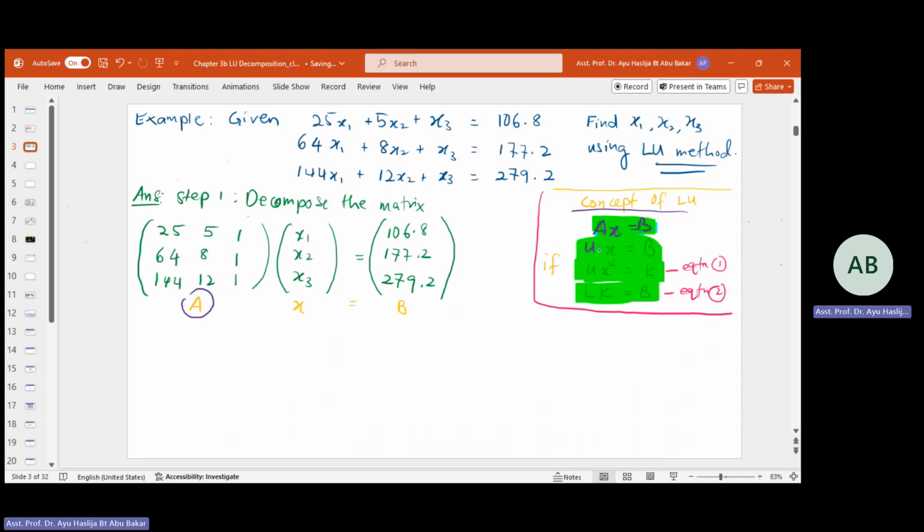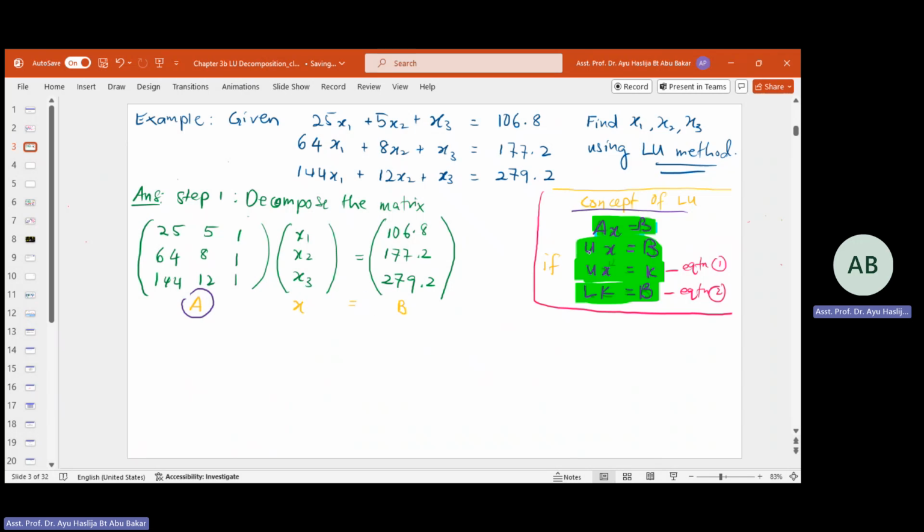Okay, this is the concept of LU. AX equals B, which is the original matrix, A multiplied by X equals B. That is your original.